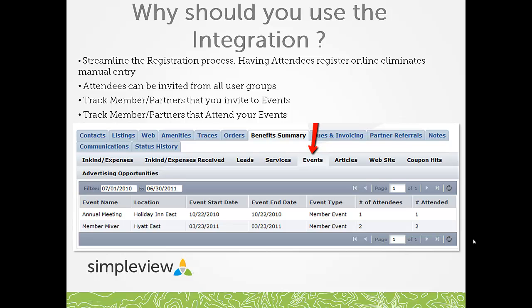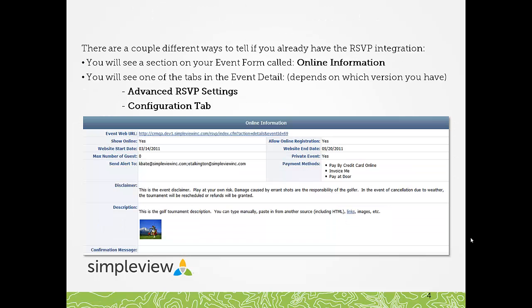So again, it streamlines that entire process where we're able to invite any of the contacts from our CRM database, any of the user groups, media, PR, consumer, meeting sales, tour and travel, a member partner obviously included. We're going to then be able to send out the invites, track the attendance, and the RSVPs.